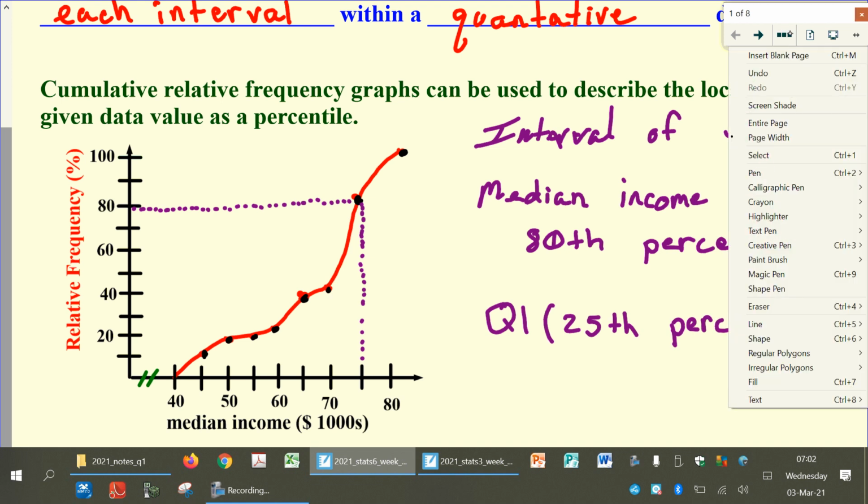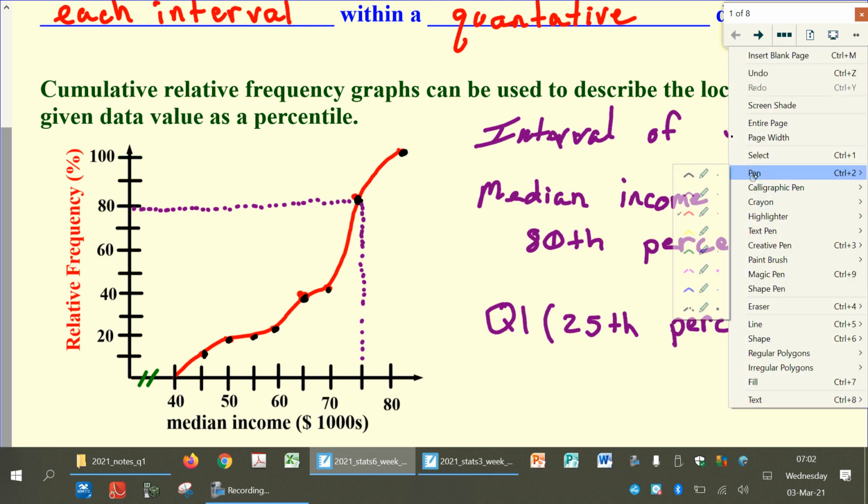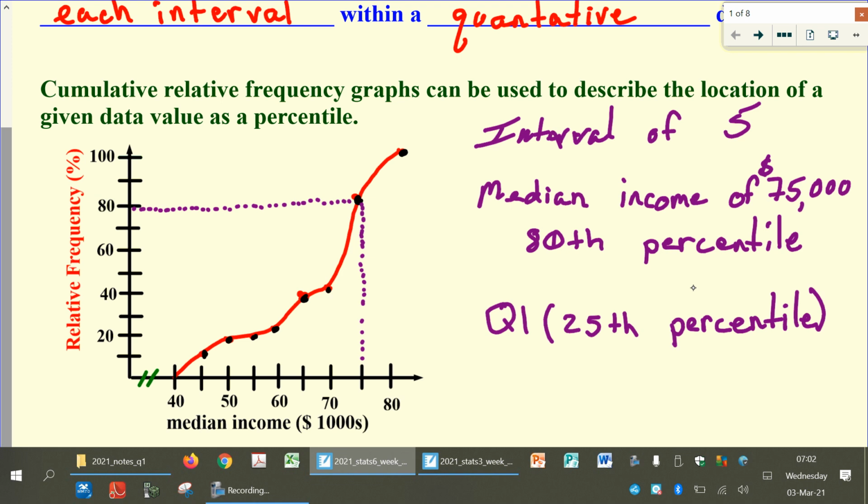We'll change color here. Use blue. So we go up to 25th. The count looks like it's counted by 10, so I'm going to be right there in the middle.